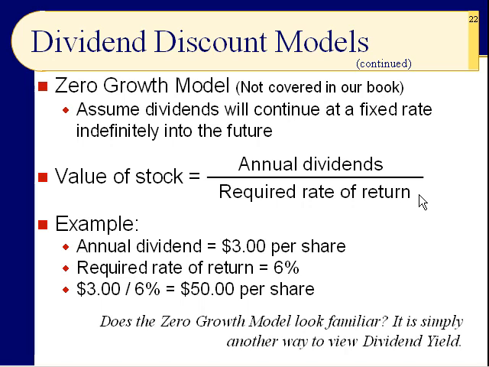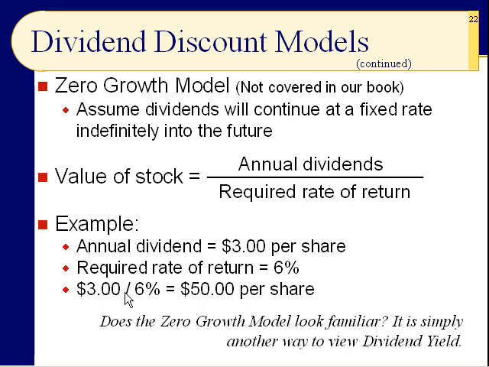So say we had a company that was paying us $3 per share, and this company's been paying $3 a share for the last several years, and we expect them to continue to pay $3 a share. So if our required rate of return is 6%, we take $3 and divide that by 0.06, and you get $50 a share.